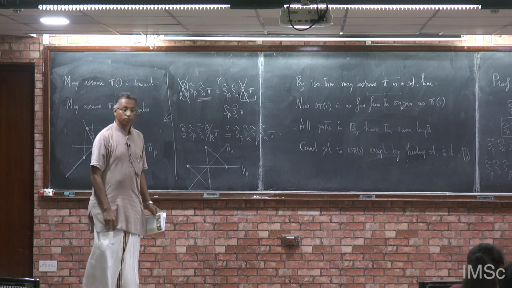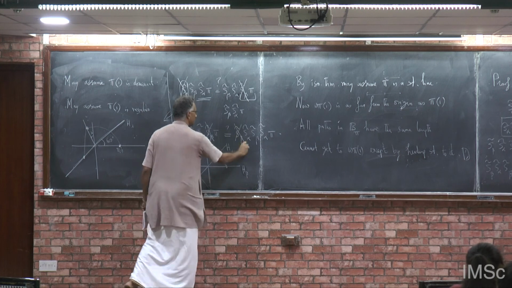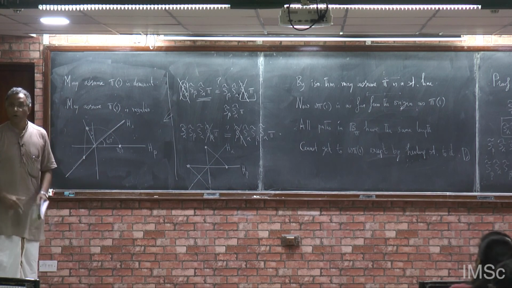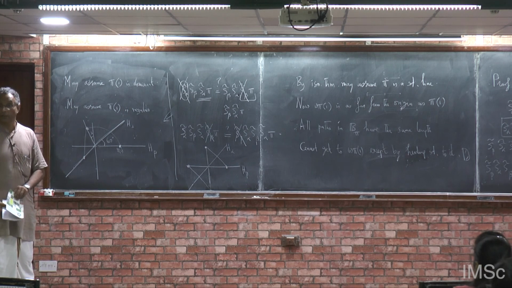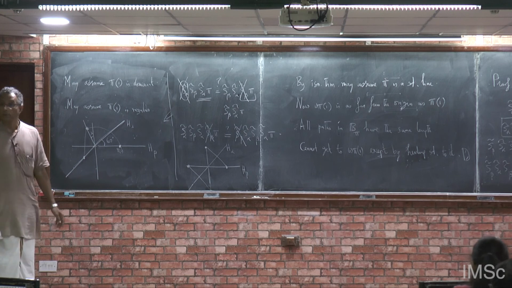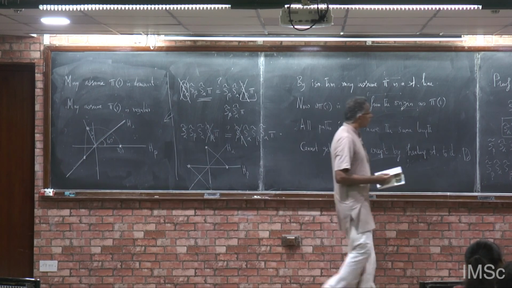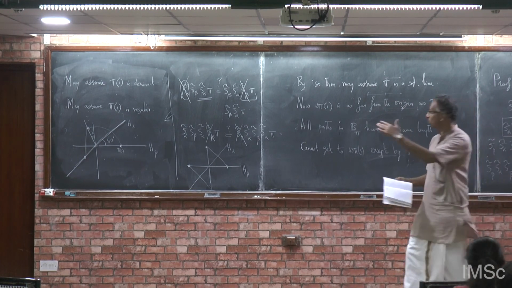Beta doesn't act. Okay? And I invite you to draw the picture for G2. That's also a very interesting picture. So, we may assume that it is regular. That's the upshot.